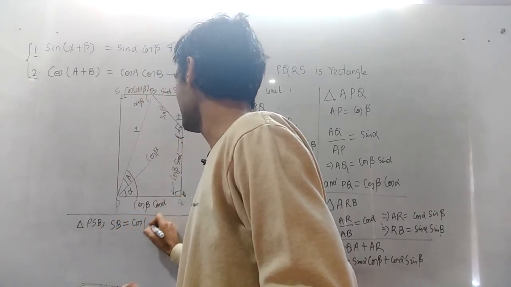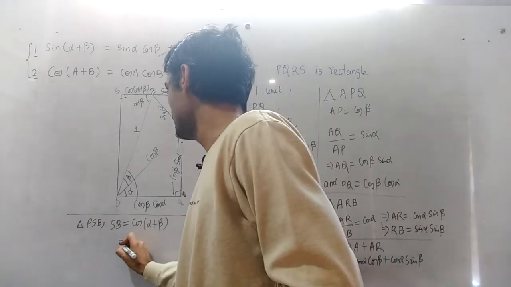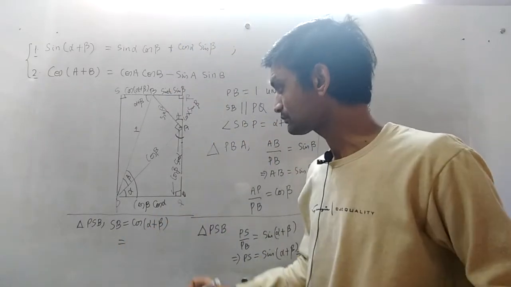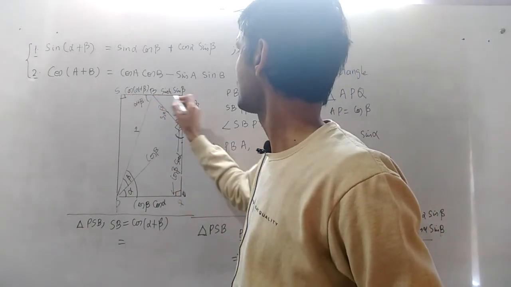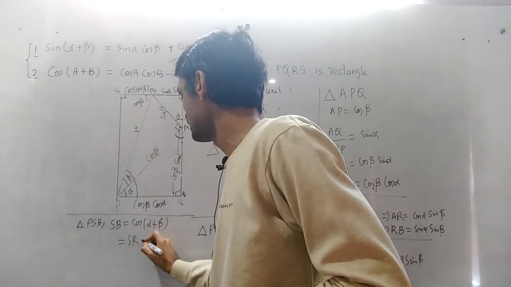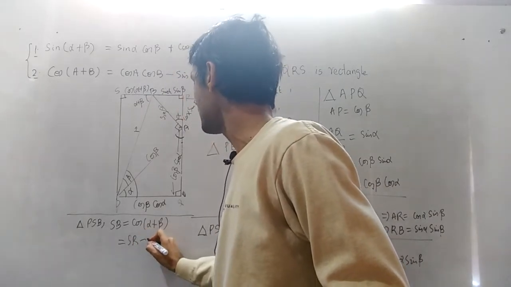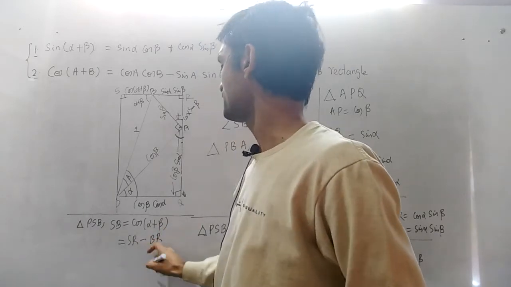SB is equal to cos alpha plus beta, right? Because it is a rectangle, SR minus BR is equal to SB.